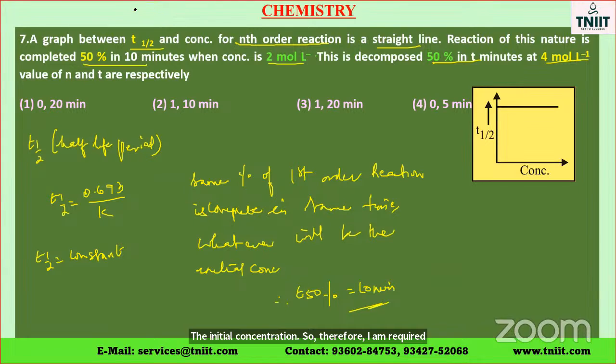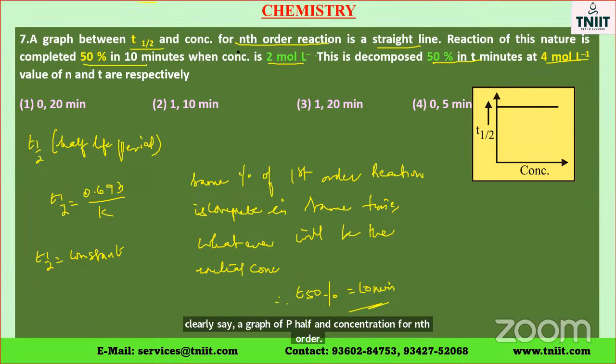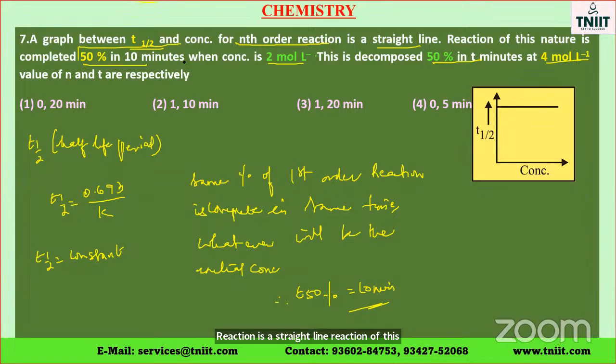We clearly see that the graph of T half and concentration for an nth order reaction is a straight line. A reaction of this nature is 50% completed in 10 minutes. So when we say 50% is completed in 10 minutes, it means it's a half-life period. Now, how is half-life period related to order? Half-life period is inversely proportional to a to the power n minus 1.